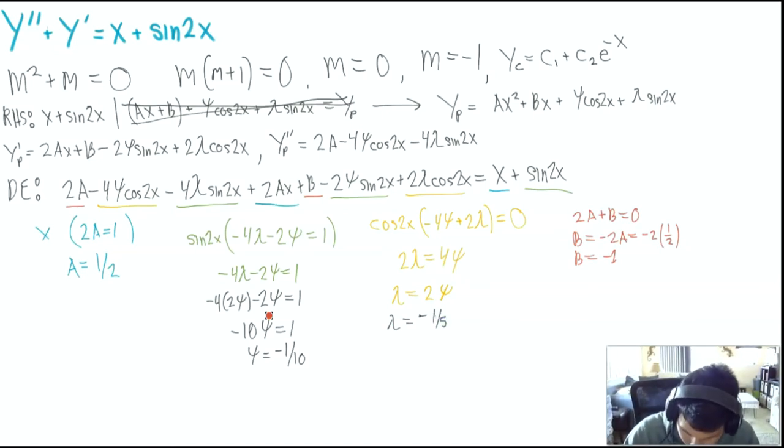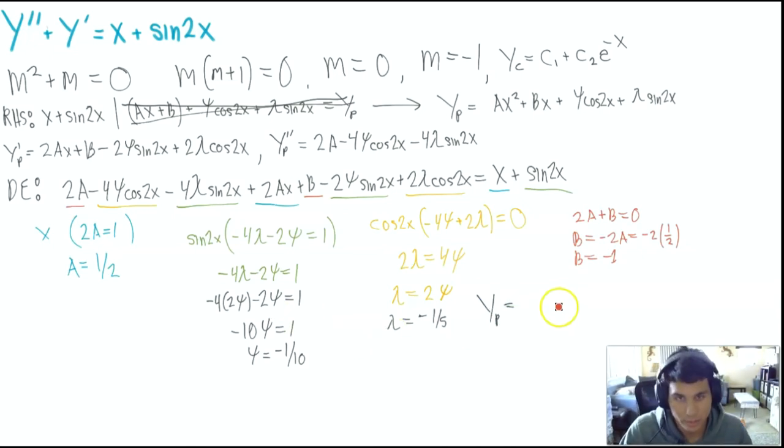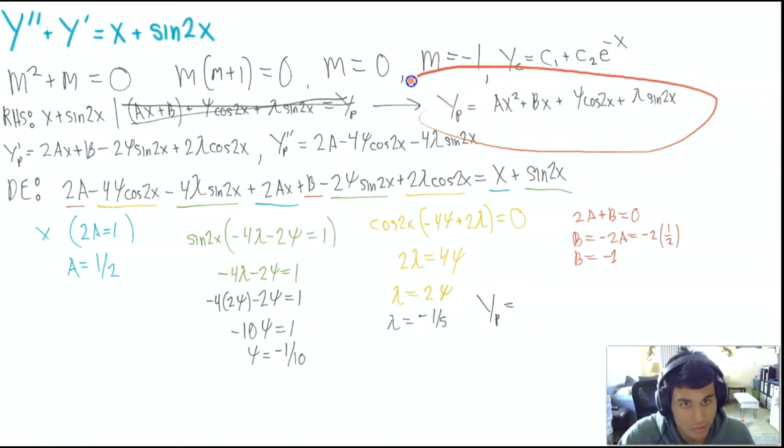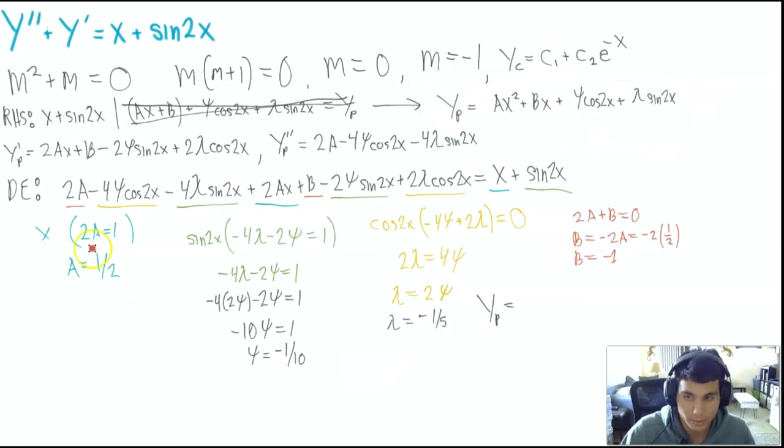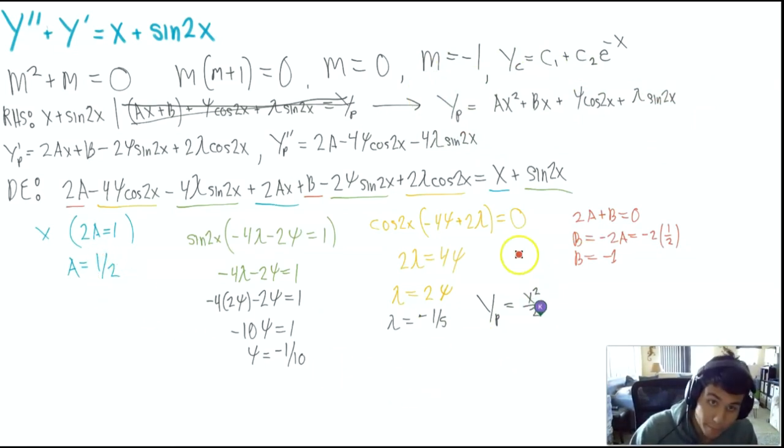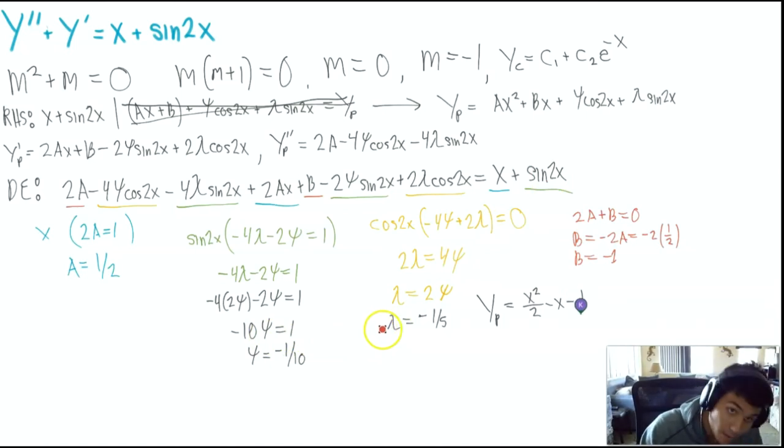Okay. So all of that is nice. Now let's write what yp is actually. Let's just fill this in with what the variables are now. It's x squared over 2 plus, where's b? B is negative 1, so minus x, and plus minus 1/10 cosine 2x plus, what's lambda?